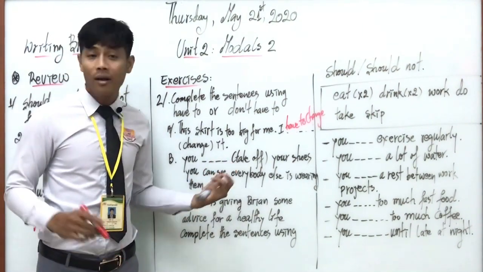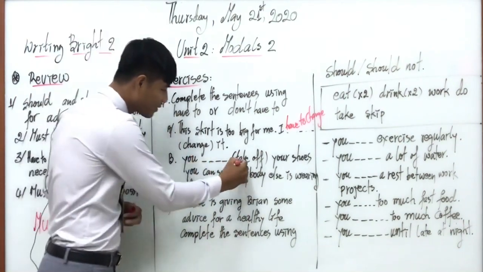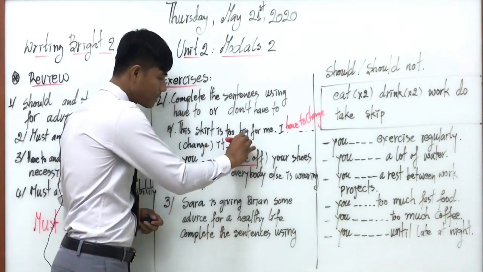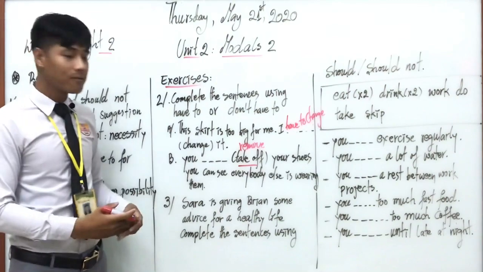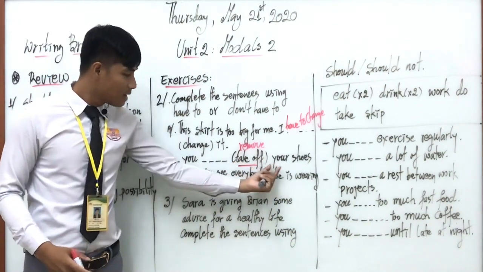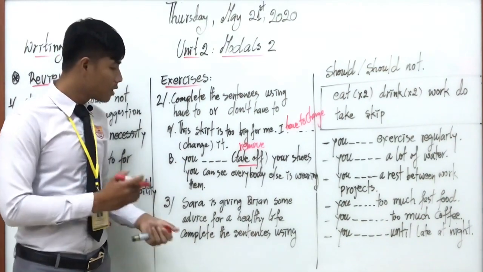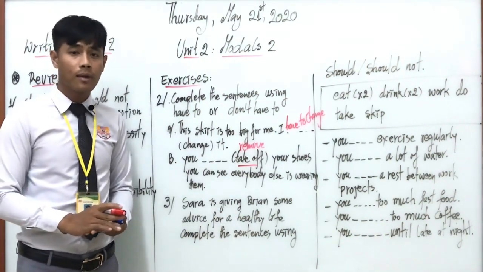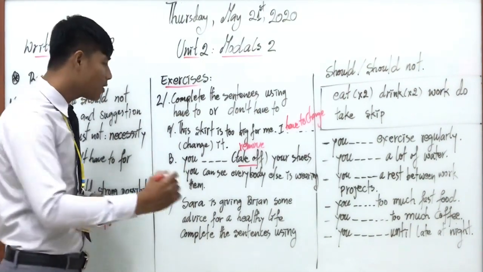So have you removed them? Okay, sure. Take off here means remove. So remove your shoes. Have you removed them or not? For example, in the class, everybody is wearing them, right? So have you? No, right? So you don't have to.